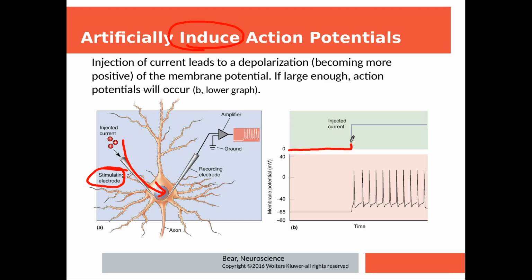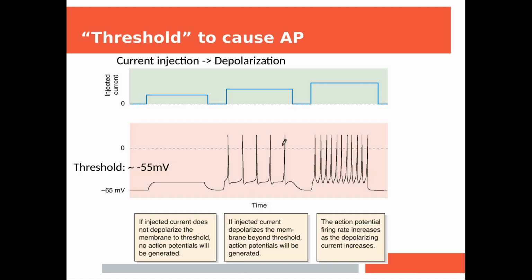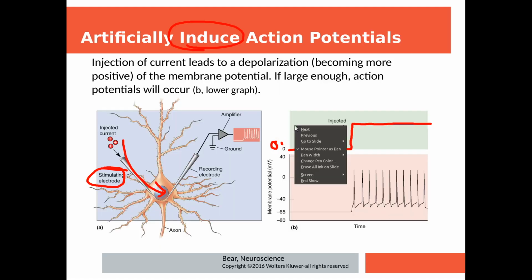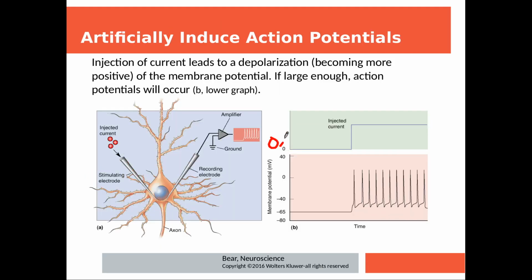This is the amount of injected current. We step the current from being, for example, 0, and let's say we're using microamperes, and then we go up to something like 30 microamperes, right?